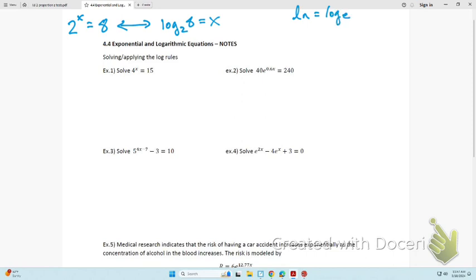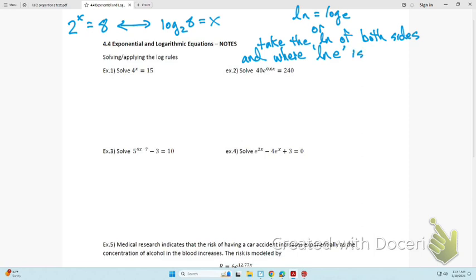That'll be helpful. Or a different approach, take the natural log of both sides, and where ln of e is seen, they cancel.